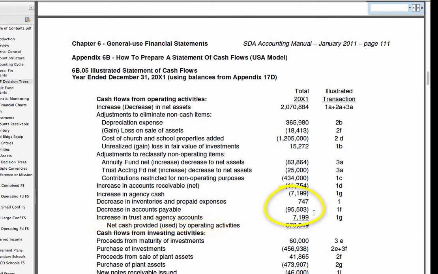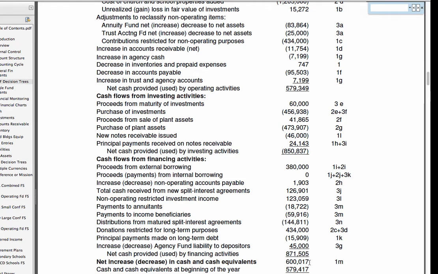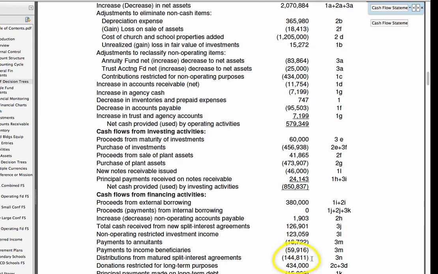Okay, so it has found its way to the cash flow statement, and if everything finds its way to the cash flow statement, the difference would be the change in cash. Okay, if all of those differences from the balance sheet find their way to the cash flow statement, they will have to equal the change in cash.